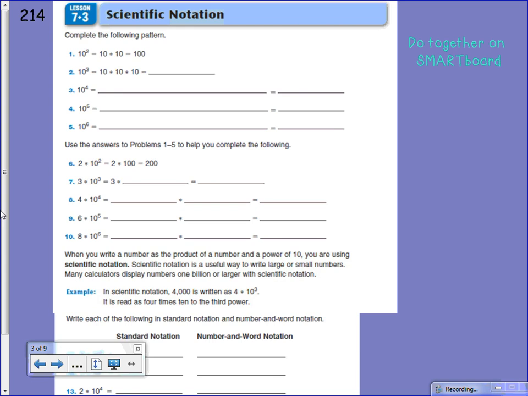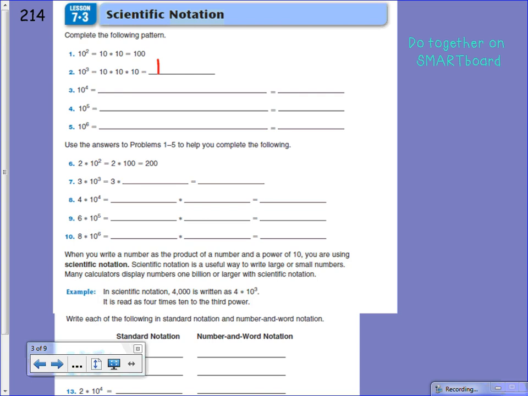The next one, 10 to the third, means 10 times 10 times 10. Now that equals one number in the end. Does anybody remember the little trick that we learned a couple days ago for when you have 10 as your base number? Danny? You just take the 1, put it there, and you put in how many zeros there are.